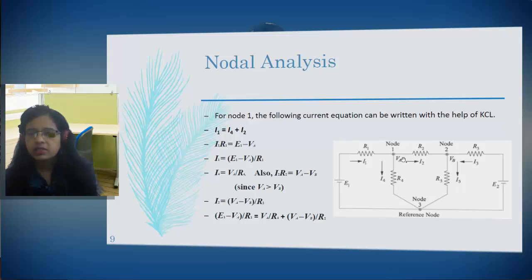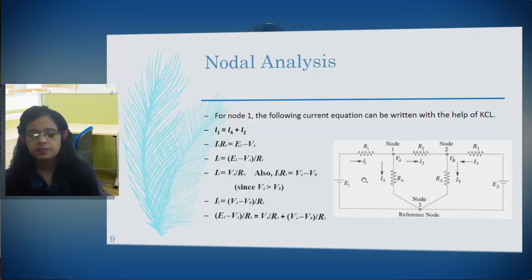If we apply KCL on this particular node, I1 is coming to the node, so positive, I4 leaving, so negative, I2 leaving, so negative. I1 is divided into I2 plus I4. So I1 is equal to I4 plus I2.